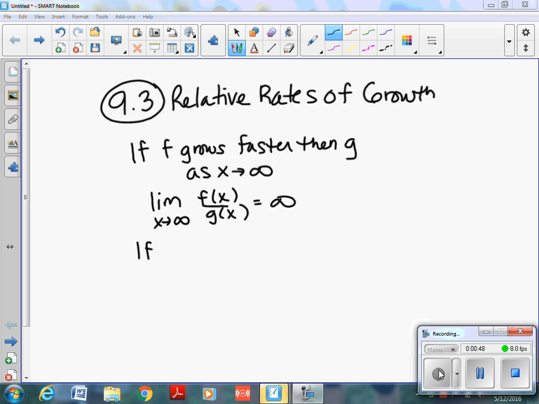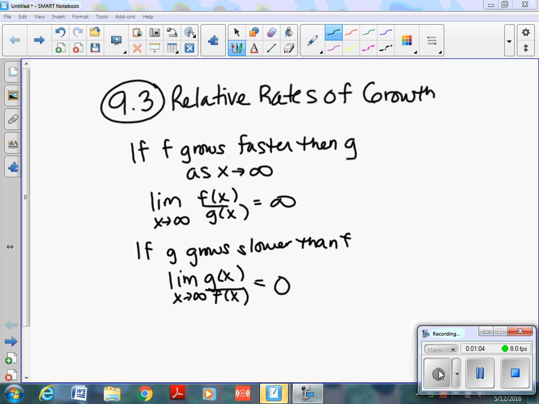If G grows slower than F, then the limit of G of X over F of X as X approaches infinity will equal 0. So if it grows faster, you're going to get infinity. If it grows slower, you're going to get 0.